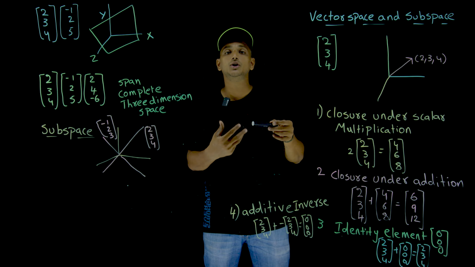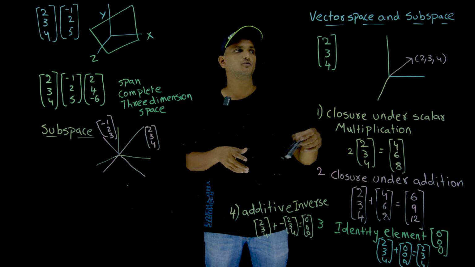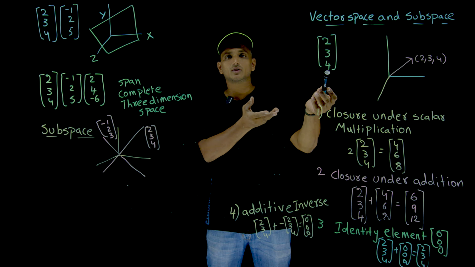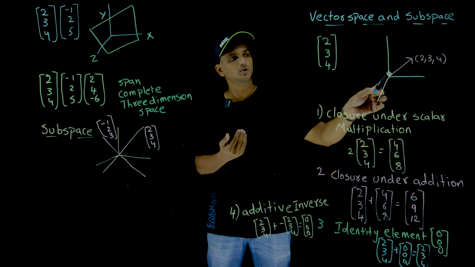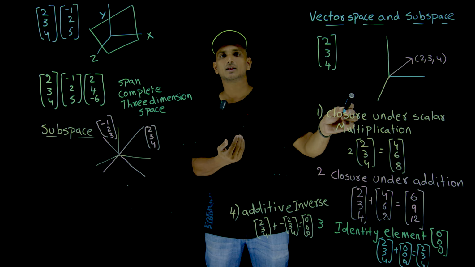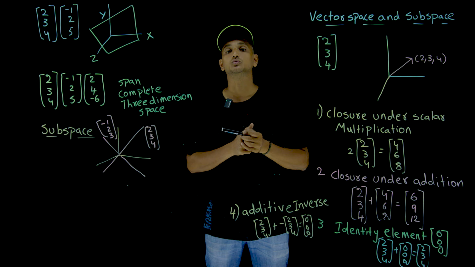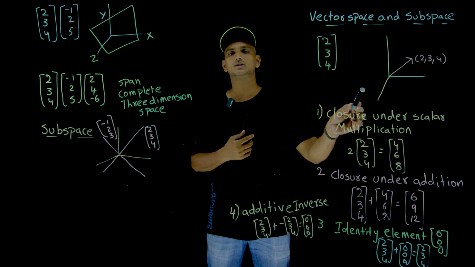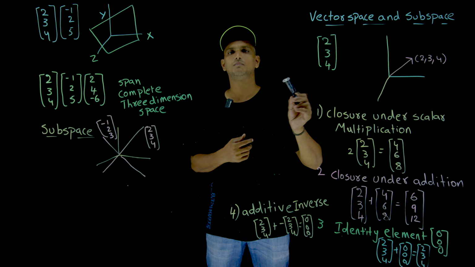We can generate a new vector 4, 6, 8. If you multiply this vector with a negative number, you are able to generate a point somewhere around here. If you multiply with -2, you get -2, -3, -4, somewhere around here it will come.